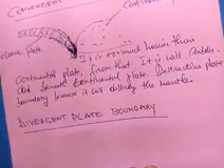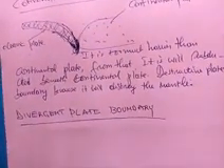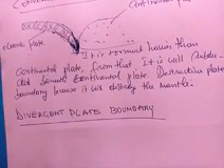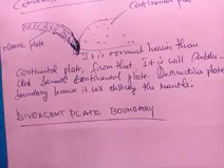Divergent plate boundary is another type of plate boundary which is formed due to the meeting of two continental plates.